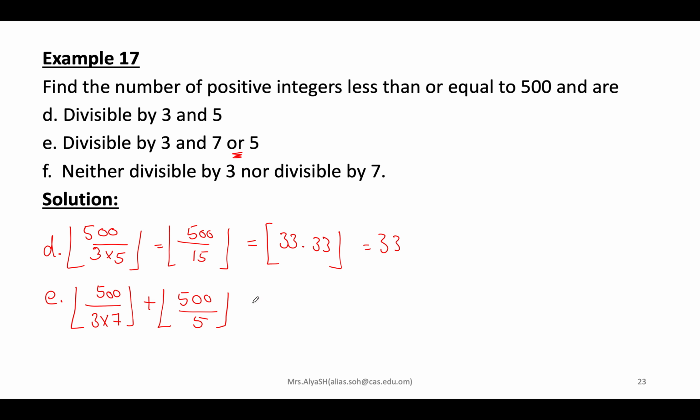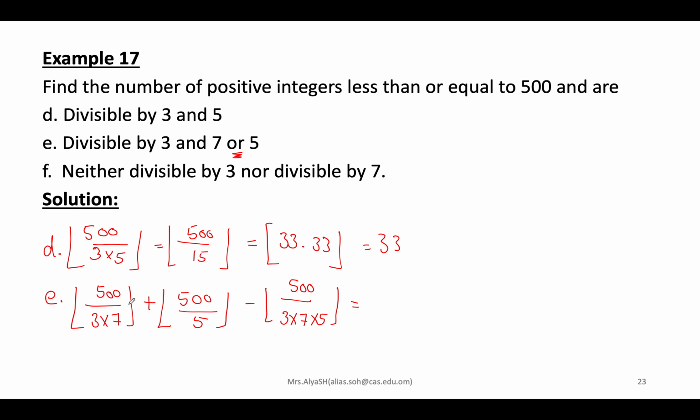Then we need to subtract the numbers divisible by 3 and 7 and 5.